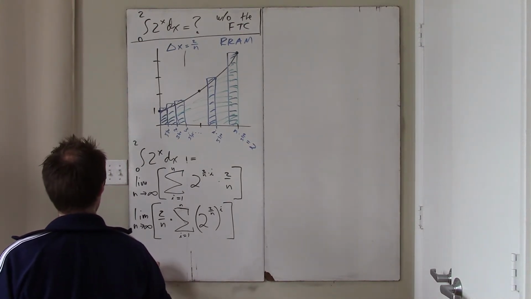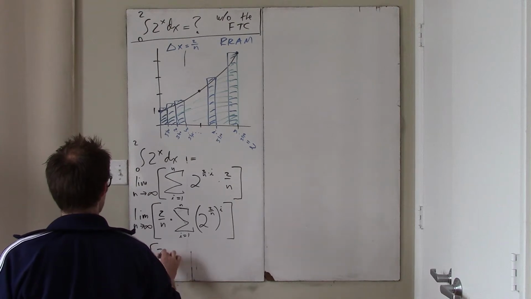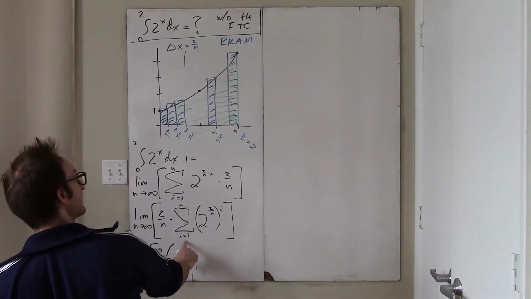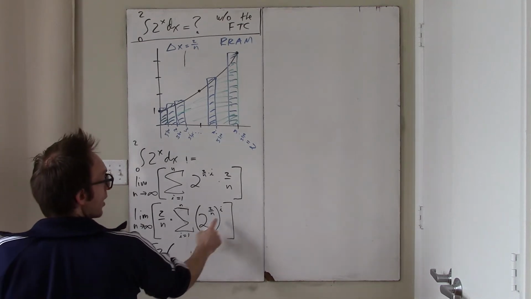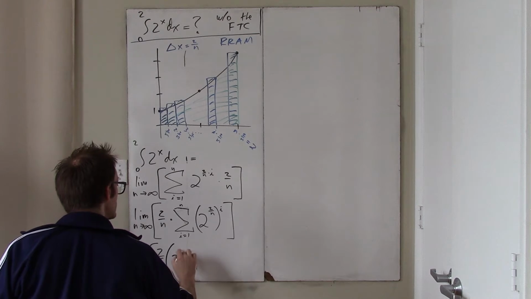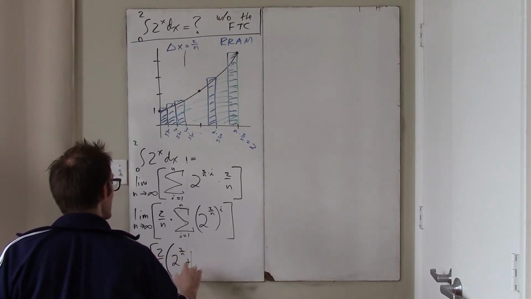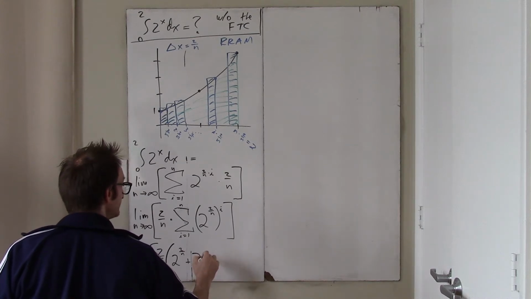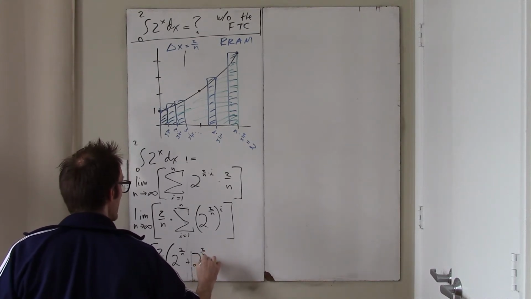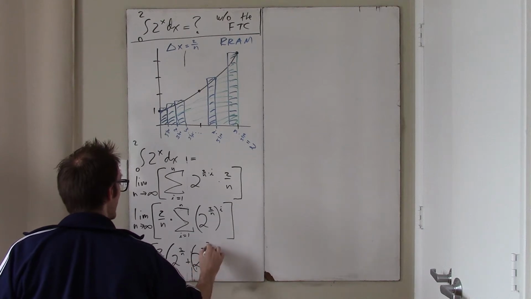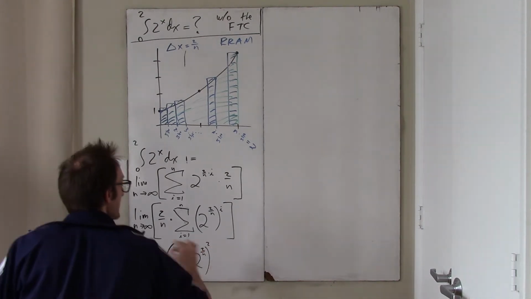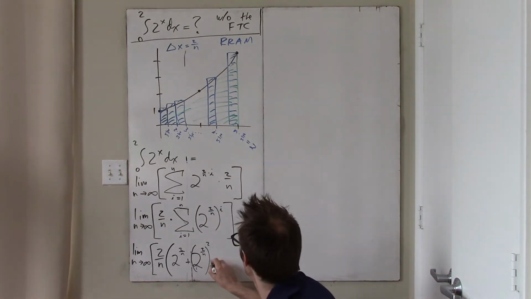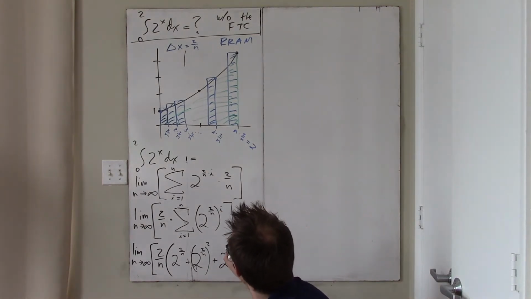But so we can think of this as 2 over n times, and what am I adding up here? Well, when i is 1, I'm adding up 2 to the 2 over n. When i is 2, I'm adding up 2 to the 2 over n squared. When i is 3, I am adding up 2 to the 2 over n cubed.